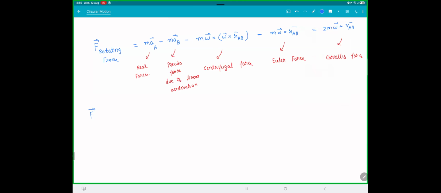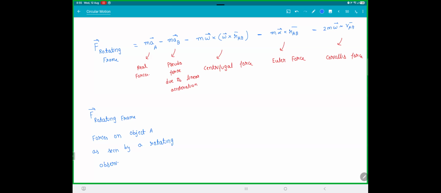Let me write it like this. This is the forces on A as seen by B. This is forces on object A as seen by a rotating observer B. That is the full form of the left-hand side.